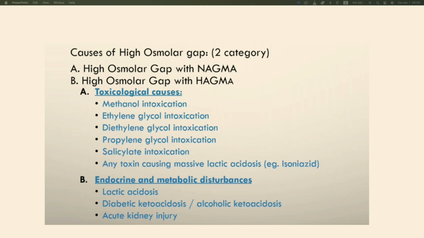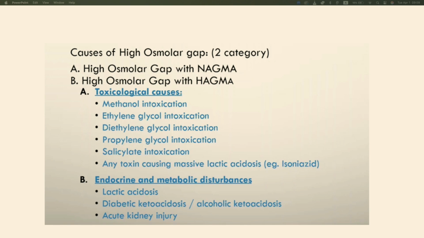And if glucose is also in milligrams per deciliter, you have to divide by 18 to get it in millimoles per liter. You take 2 times sodium plus urea plus your glucose, and you get your serum osmolarity.